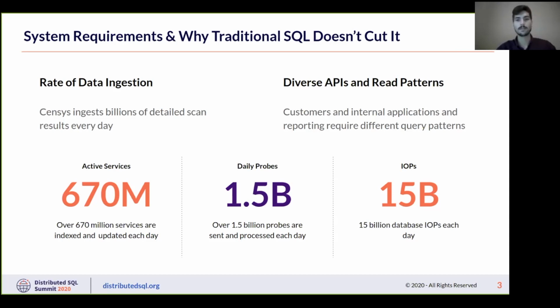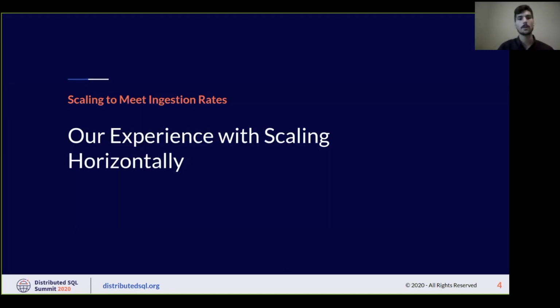And we found that customers and internal applications require very different query patterns, as well as we want to be able to do internal reporting, which might add even more query patterns to this. And we've solved this with some overarching architecture changes. So I'm going to step into the first problem, which is our rate of ingestion.